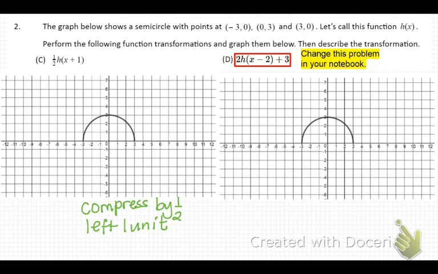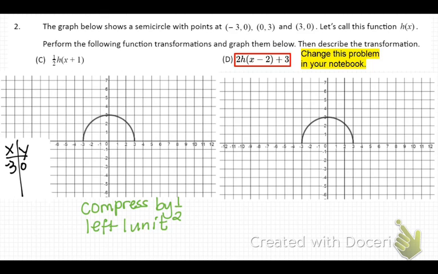Yes, I heard that. Thank you. So since I have a compression, I'm going to make a table again. And I'm going to multiply each of my y values by 1/2.